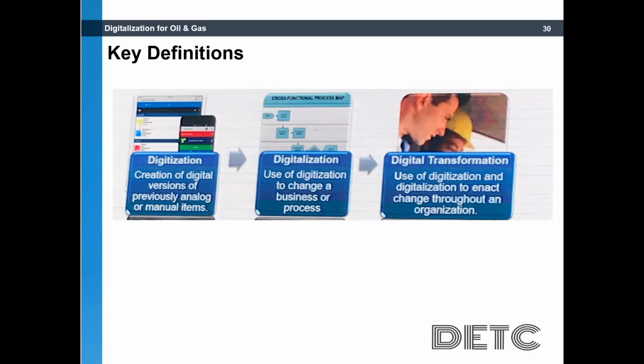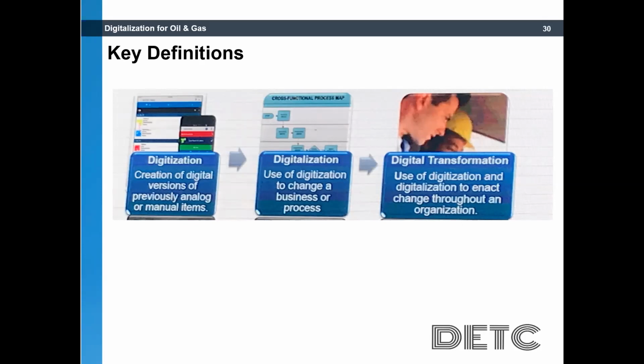Just very important definitions that should be utilized to differentiate between digitization, digitalization, and digital transformation. We can see that digitization is basically the converting of analog or manual items into digital versions, and digitalization is basically changing a process or workflow from manual paper into a digital workflow.